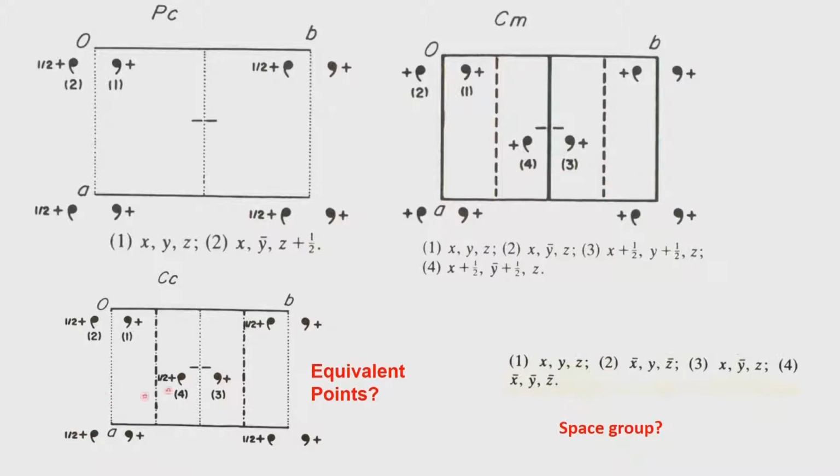Having seen that, I have given you the CC diagram. So, the CC diagram now is the C centered lattice with a C glide.